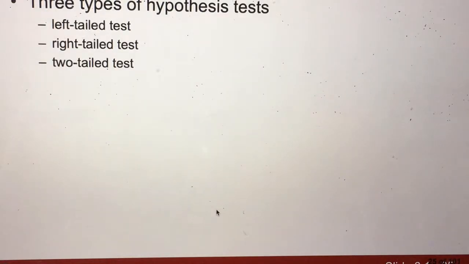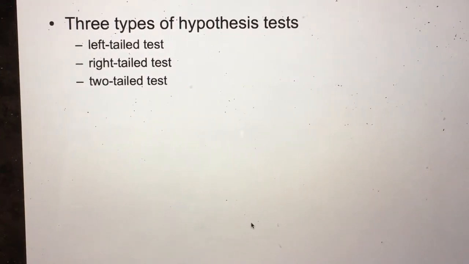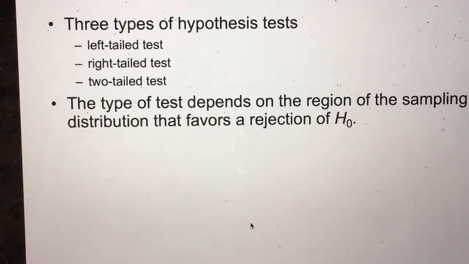We have 3 types of hypothesis test: a left-tailed test, a right-tailed test, and a two-tailed test. We're going to have to learn when we're going to use each one of these. The type of test depends on the region of the sampling distribution that favors a rejection of H sub 0.